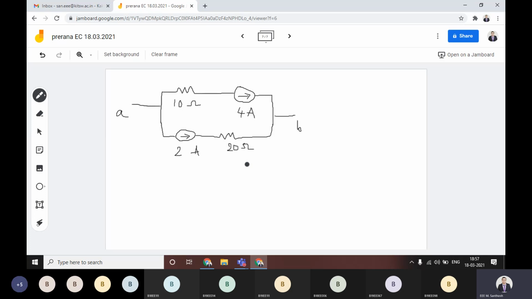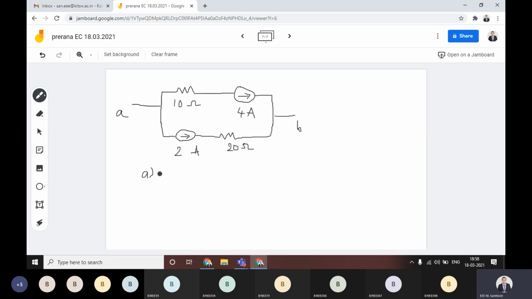The value of equivalent voltage and resistance across A and B. There are options.